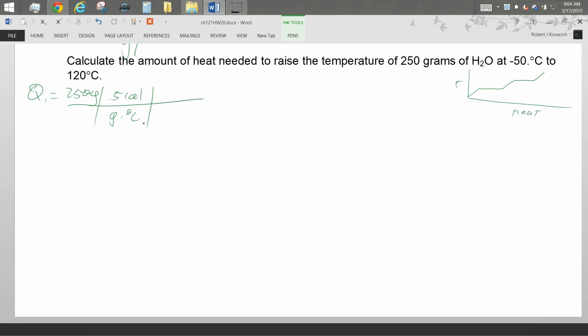It's 0 minus negative 50, which gives me a 50-degree temperature change. So I've got 250 times 50 divided by 2, 6250 calories. Okay, so what was that 6,250 calories doing?